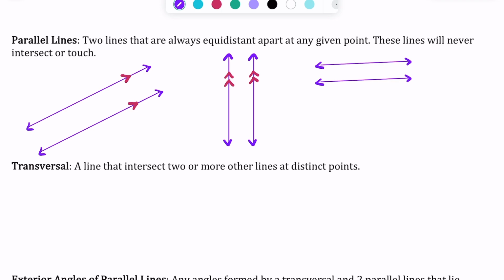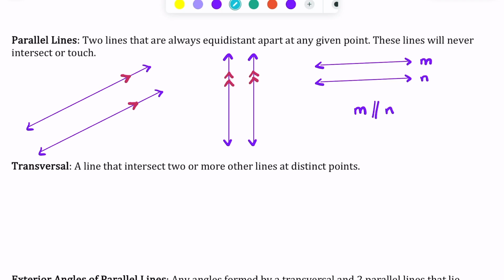So I'm going to call my first line M and my second line N. And these lines are parallel. I haven't drawn symbols on them, but another way that I can shorthand express that they are parallel is I can say line M is parallel to line N.